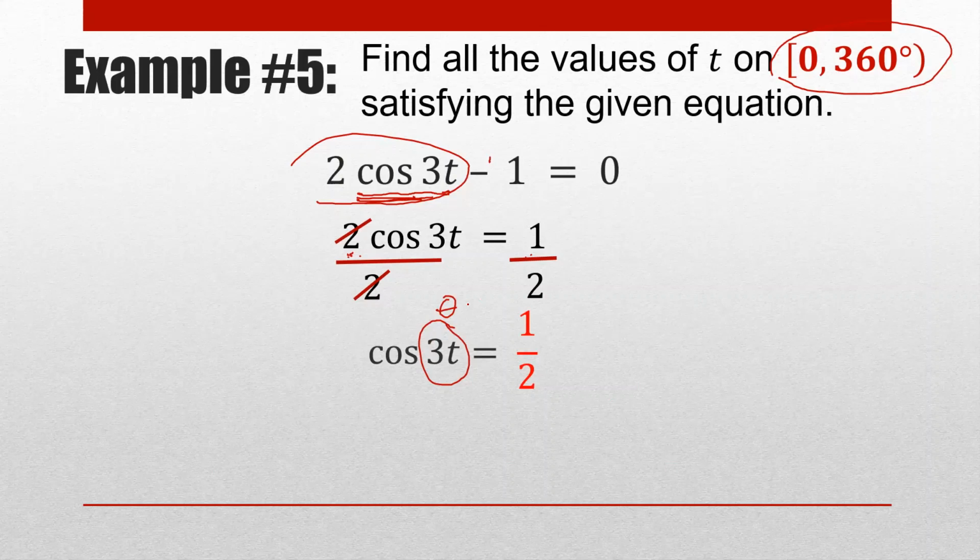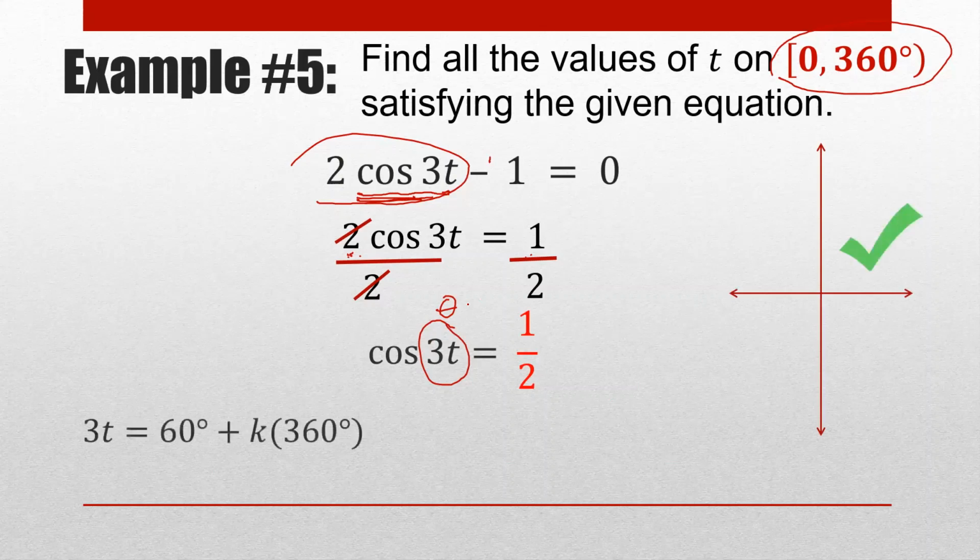So, na-mention na natin yun, no? That means the theta value should be equal to 60 degrees, so 60 degrees sa first quadrant. Pero aside from that, sa fourth quadrant din, no? Pero remember, let theta be equal to 3t.